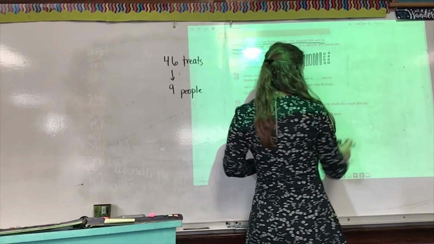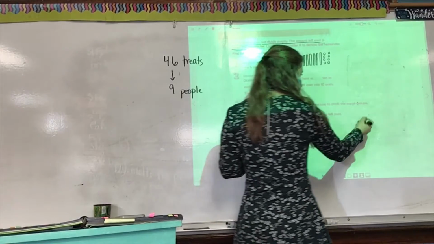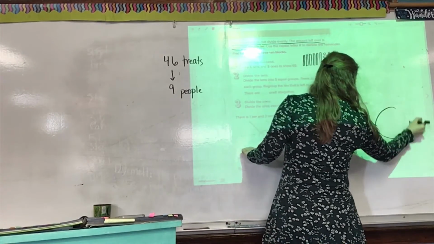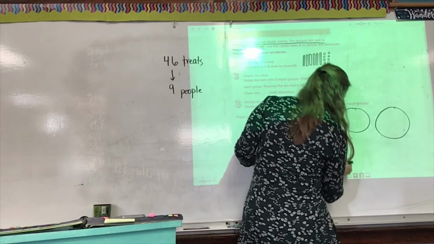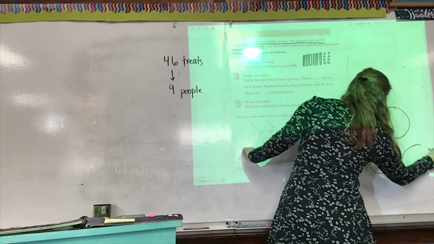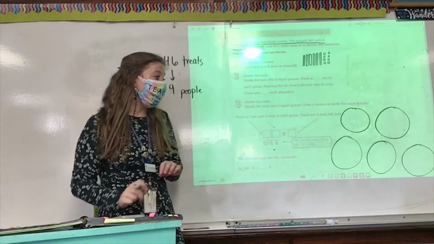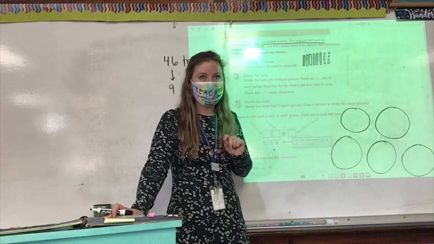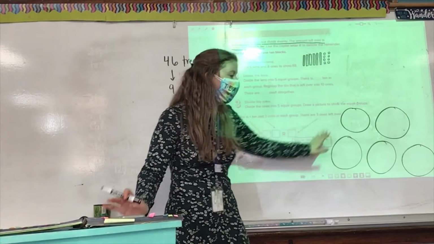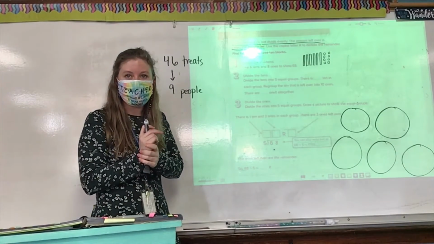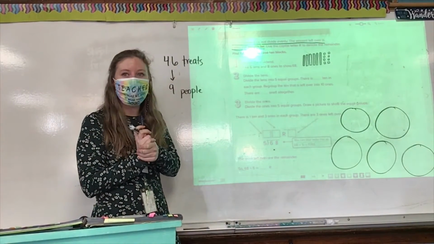So I need 5 groups. 1, 2, 3, 4, 5. Try to make them in a neat line so that you're not going all over the place, so that you can go one at a time easily. Don't just do little bubbles all over the place. Okay, quickly get your 5 groups.